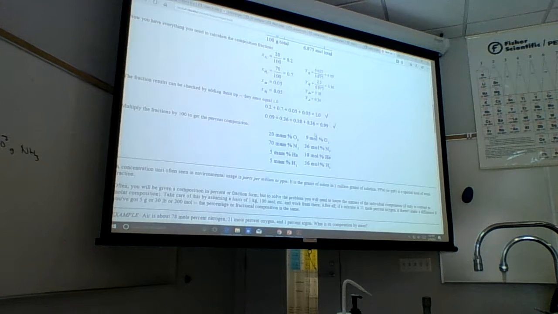The fraction can be written like this, 0.20 or 0.80. This is also called a fraction. This is divided by 1, so this is out of 1, 0.80 out of 1, but usually we leave off the 1. That's for a fraction, versus the percent by mole.